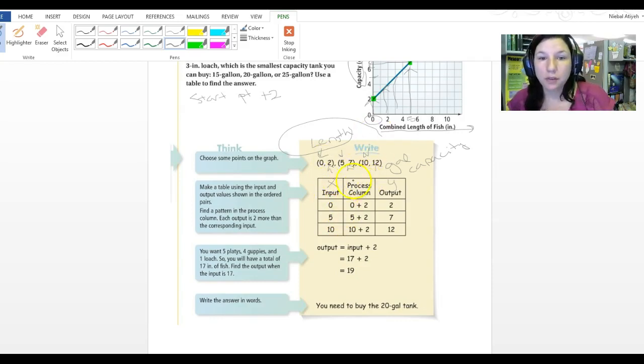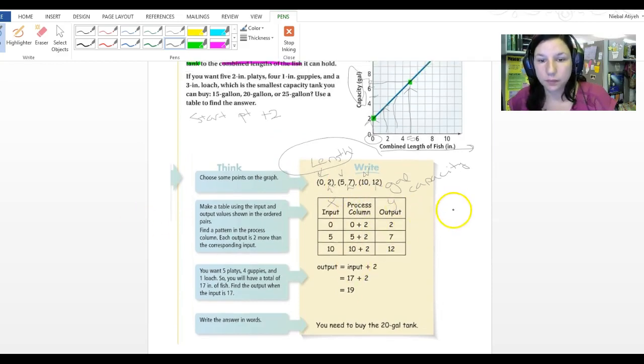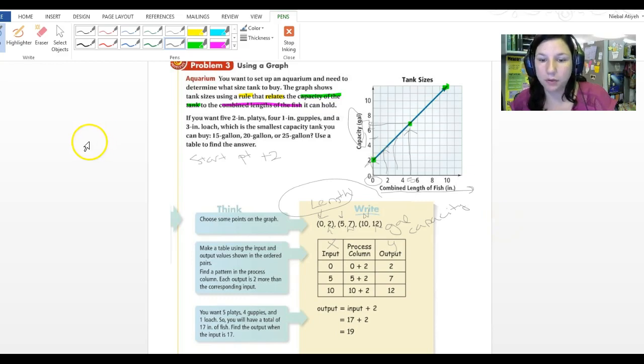The process column is where they've figured out the pattern. They've worked backwards here and said, if we had no fish, I had an output of 2. So they're filling in 0 and 2. What do I have to do to 0 to get 2? I added 2.